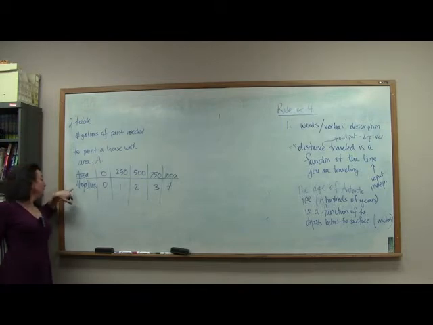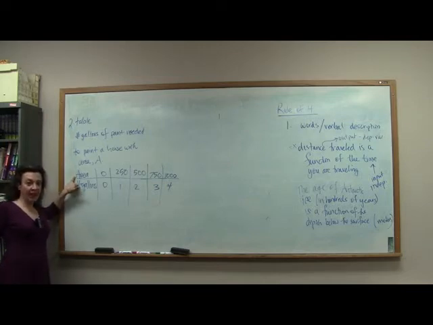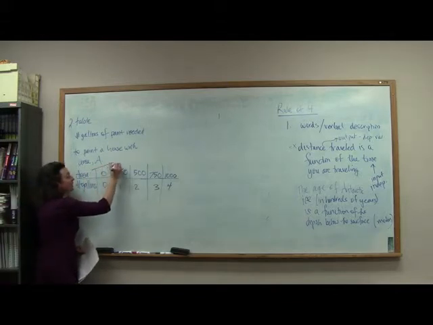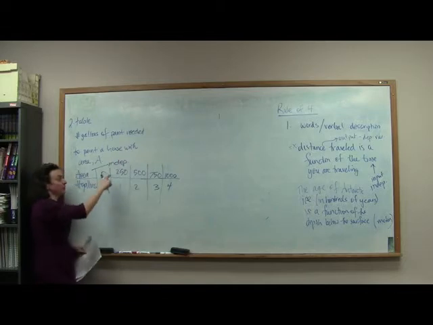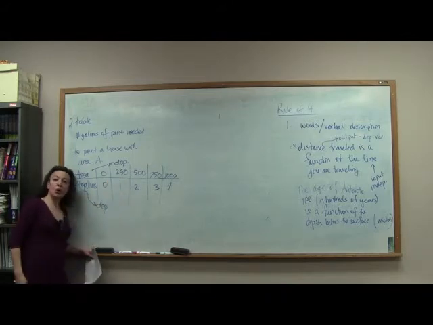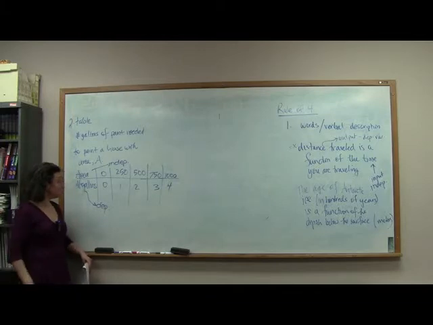Or is the number of gallons of paint needed dependent upon the area of the house? I claim that the area here is our independent variable. Once we know the area of the surface that we're going to be painting, we can then know how many gallons of paint we need.